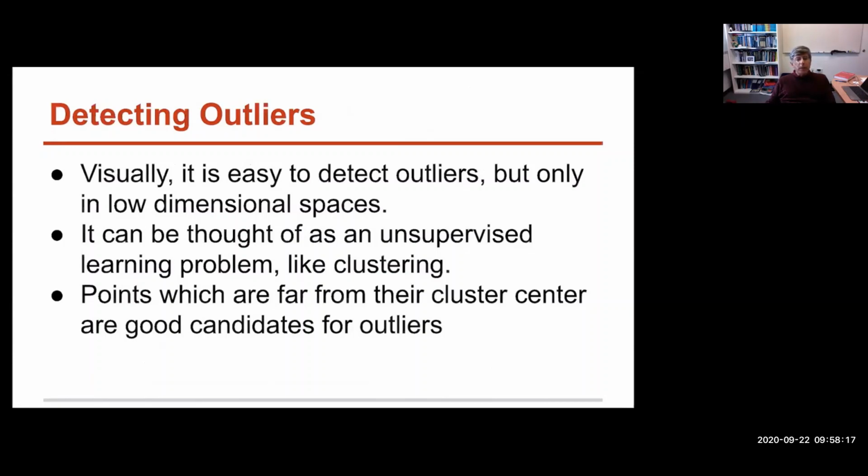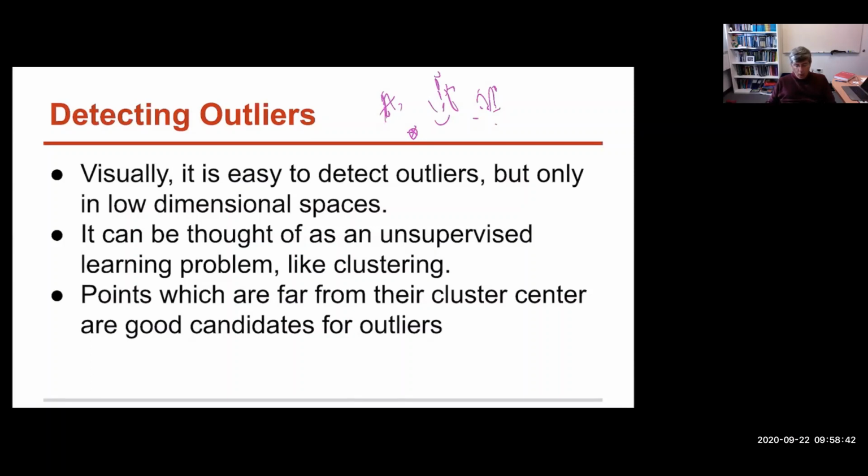One good way to try to detect outliers is to take the data and cluster it. Usually data will exist in natural clusters of points. The outliers are the ones that are far from any cluster.